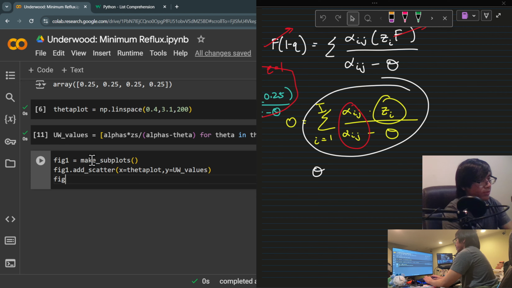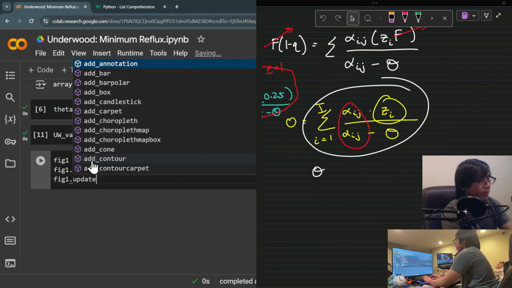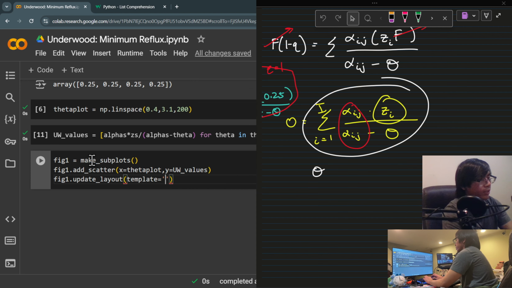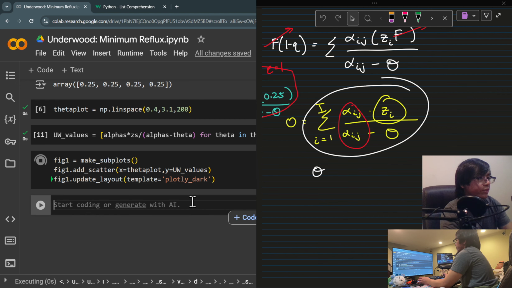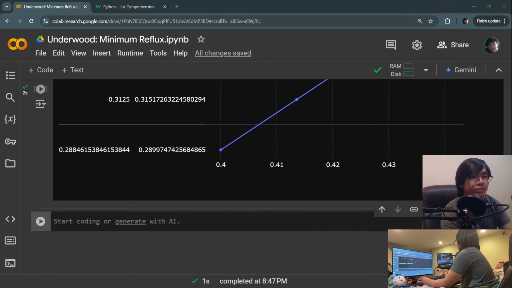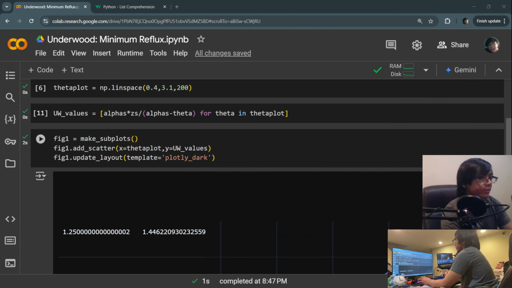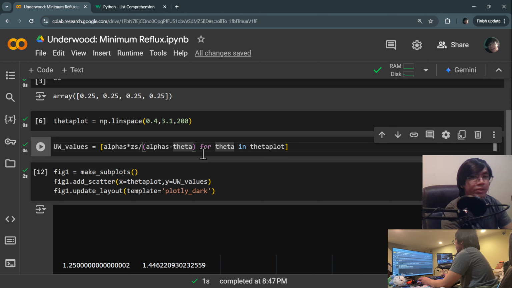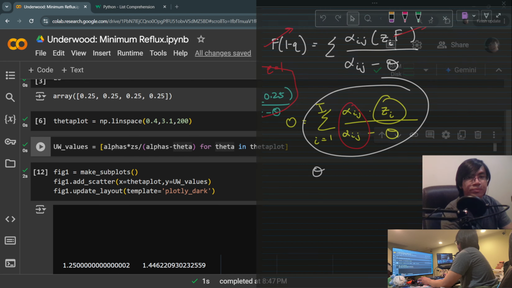And let's make this dark so I don't have to be blinded. Template is equal to plotly dark. Same as usual, nothing new. And we can get rid of this. Oh, that's not correct. What happened? What did we do? Should be right. Alpha times, where's my equation?